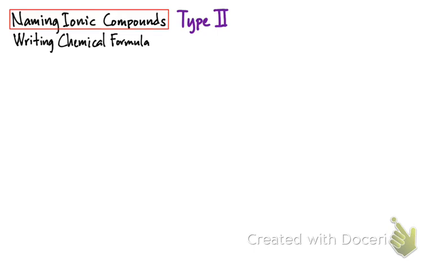So let's look at some examples on how to come up with chemical formulas for a type 2 ionic compound. Let's say we have iron 3 oxide. How would we come up with the chemical formula? The first thing you want to do is analyze the chemical name and see if you can separate it into ions with their proper charges.